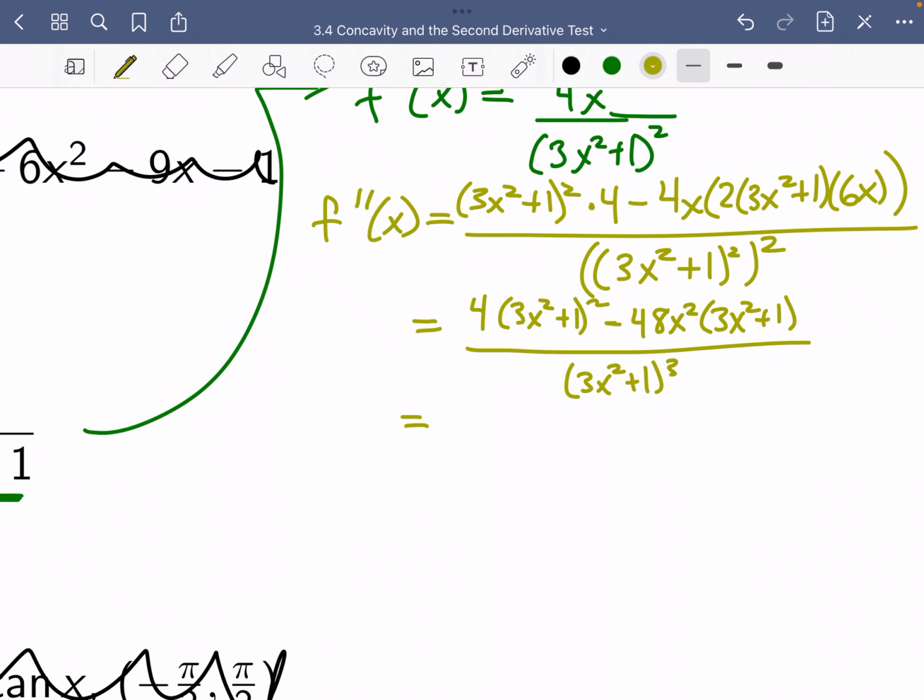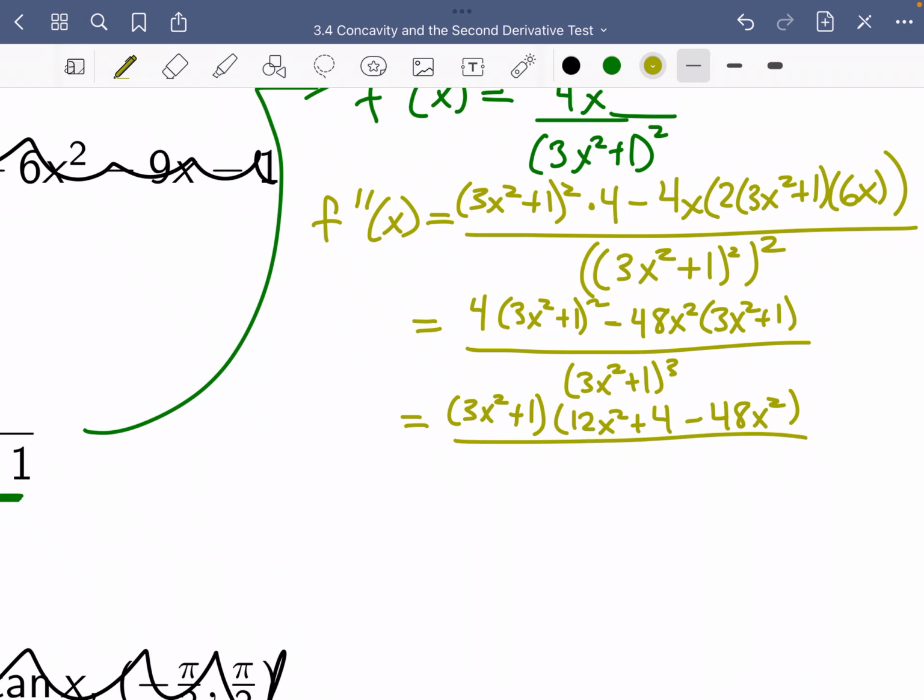You could, up here, factor out a 3x squared plus 1. You'll have 12x squared plus 4 minus that 48x squared.